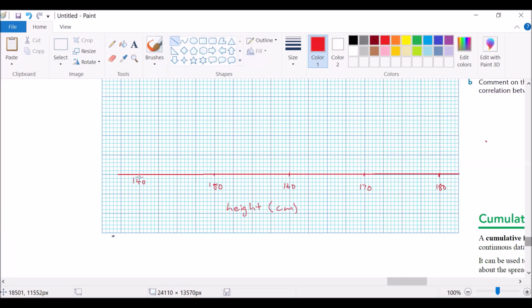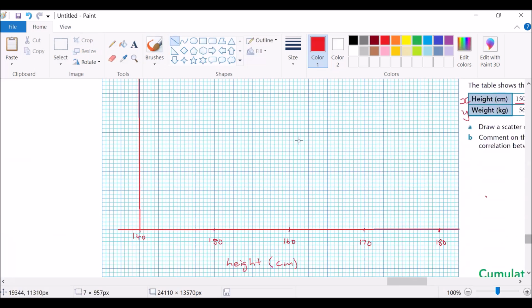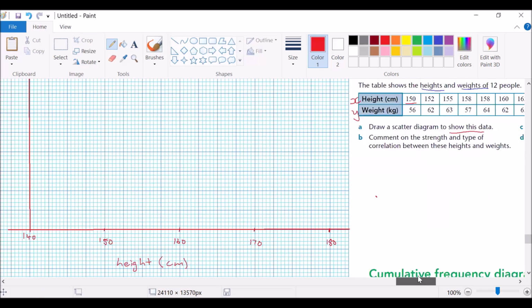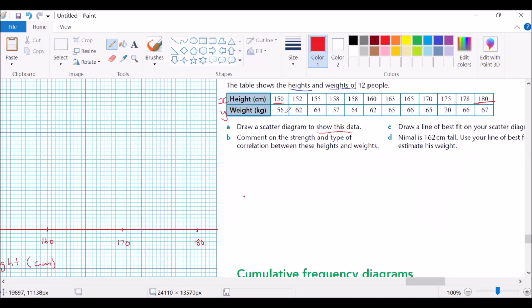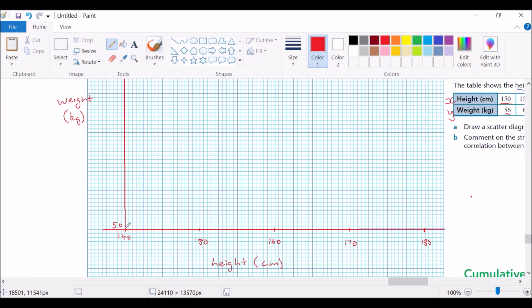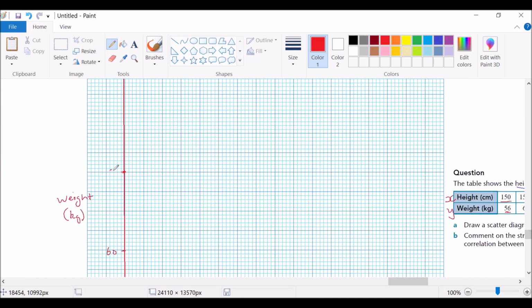Then we go to our Y-axis, which we can label as the weight in kgs. And looking at our range, we are starting from 56 as the minimum to 70 as the maximum. So we may start at 50, there, 60, 70, 80.